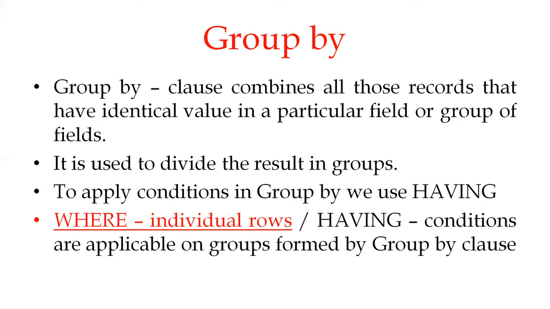Having conditions are applicable on groups formed by a group by clause. Again, I repeat, in group by, I should not be using where to apply the condition. Now let us move on to the example to see how this can be dealt with in a simpler manner.